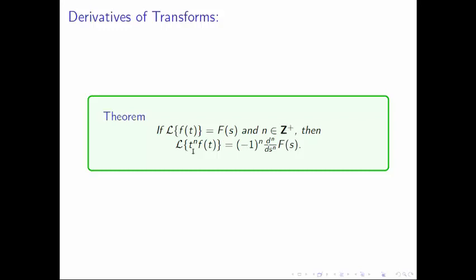Then the Laplace transform of a product of t to a power times f of t, this could be t to the second, t to the third, etc., will be negative 1 to the nth, so it will either be positive or negative depending on whether n is even or odd, times the nth derivative of the Laplace transform of f.